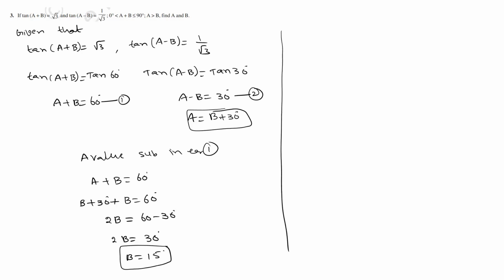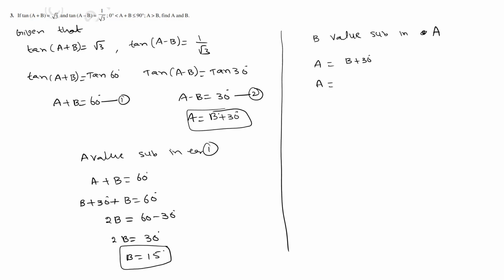So B value we substitute in capital A here. Okay. So A is equal to B plus 30.